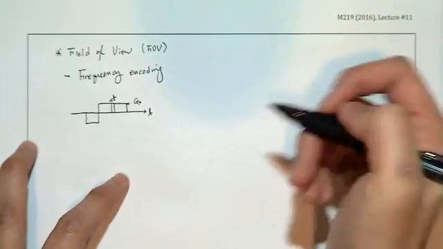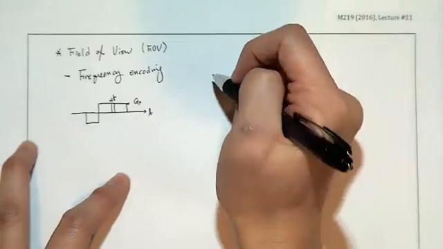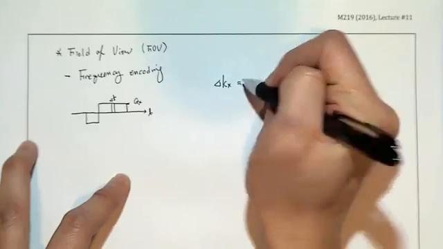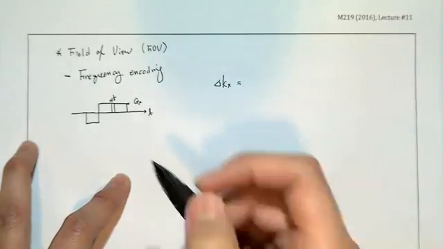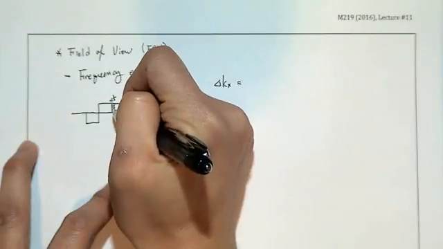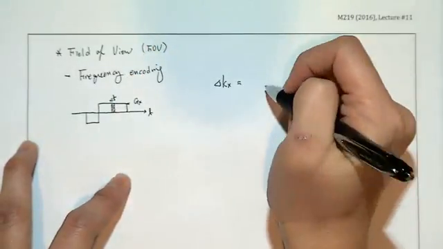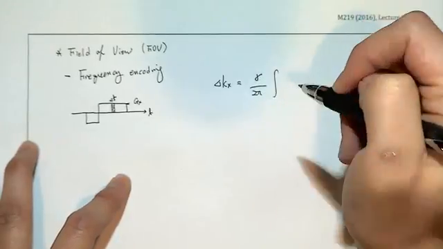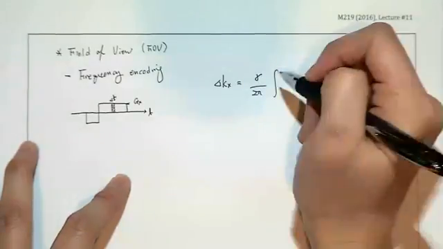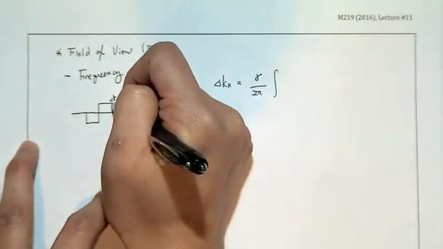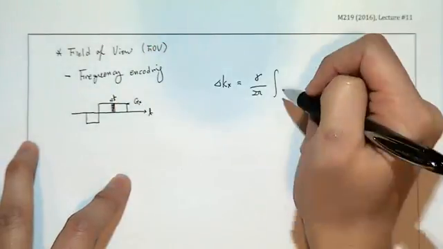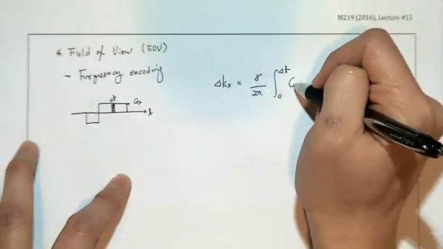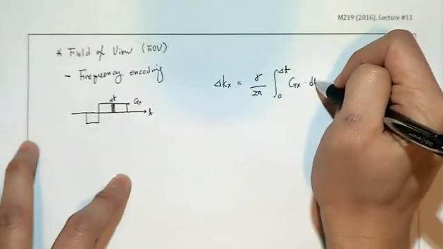As we saw before, delta kx will be determined by what? Just the integration over here. Because kx is defined as gamma over 2 pi times the integral of the gradient from time 1 to time 2. But in this case, we just want to look at the area of this. So it's going to be from 0 to delta t, with amplitude Gx, times dt.